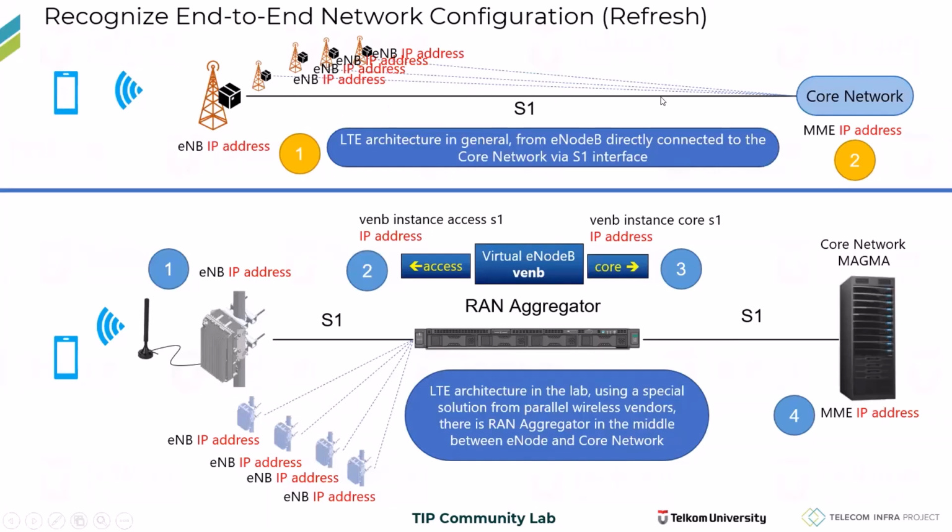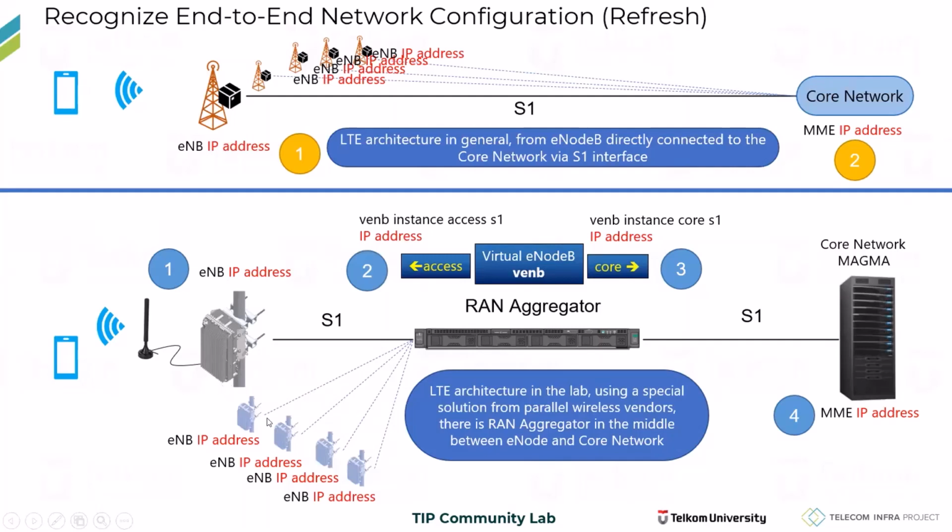It's the S1 connection. Okay, and then in the part below, this is our lab setup, the Open RAN solution from Parallel Wireless, a little bit different. The architecture is a little bit different. This is the iNode-B.